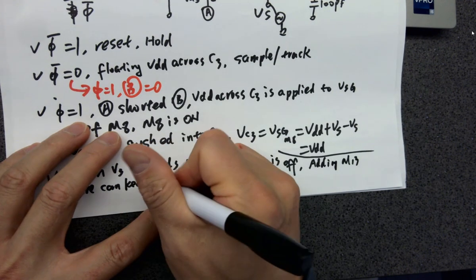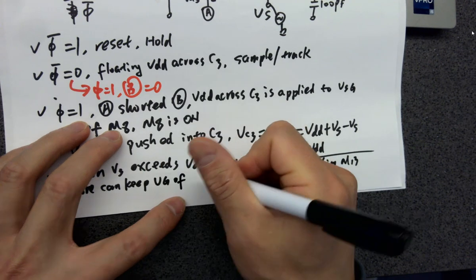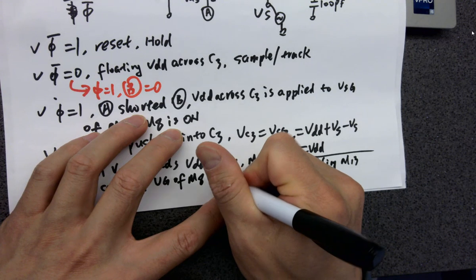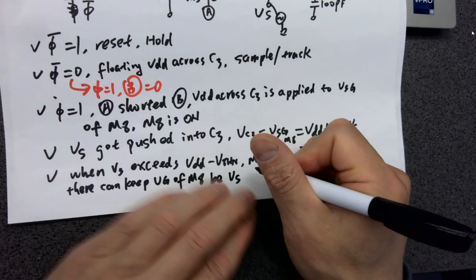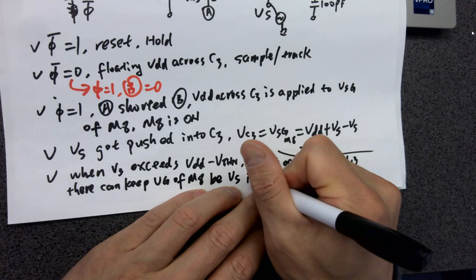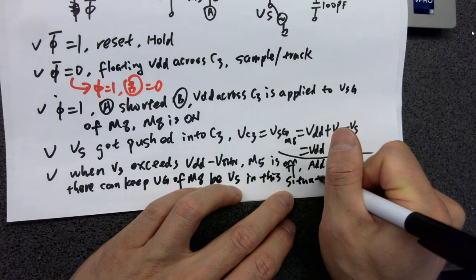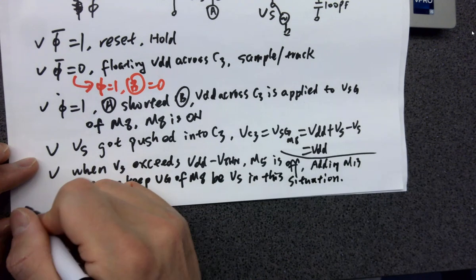It can keep VG of M8 at VS in this situation.